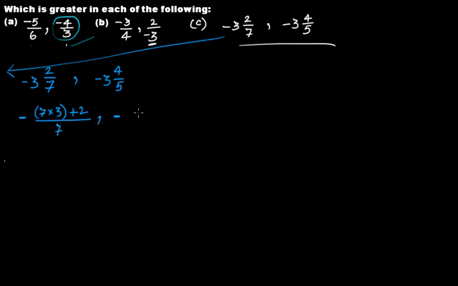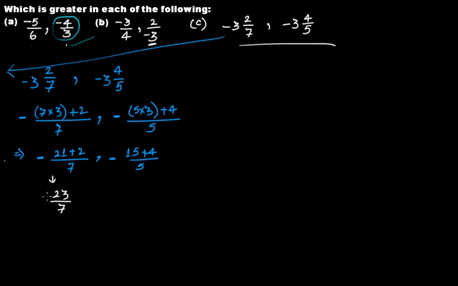Minus sign here, 5 times 3 plus 4, and this is 5. You have 21 plus 2 over 7, and 15 plus 4 over 5. So you get 23 over 7, put minus sign here, and 19 over 5, put minus sign here.